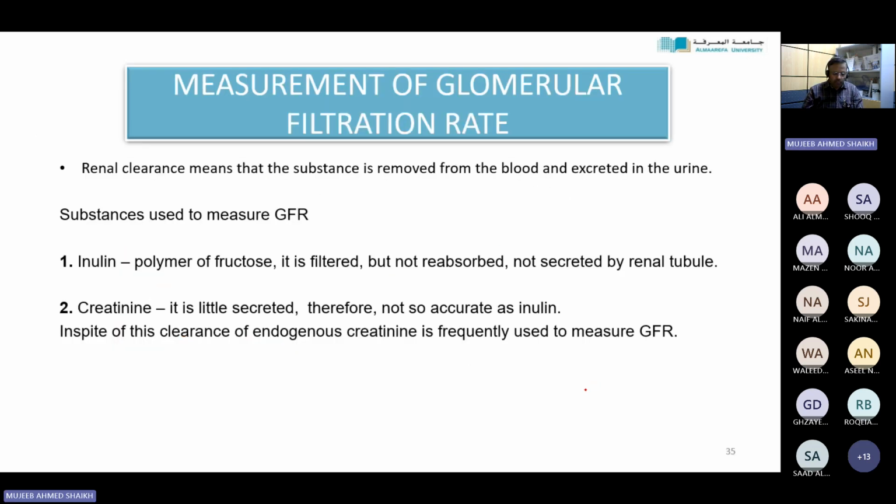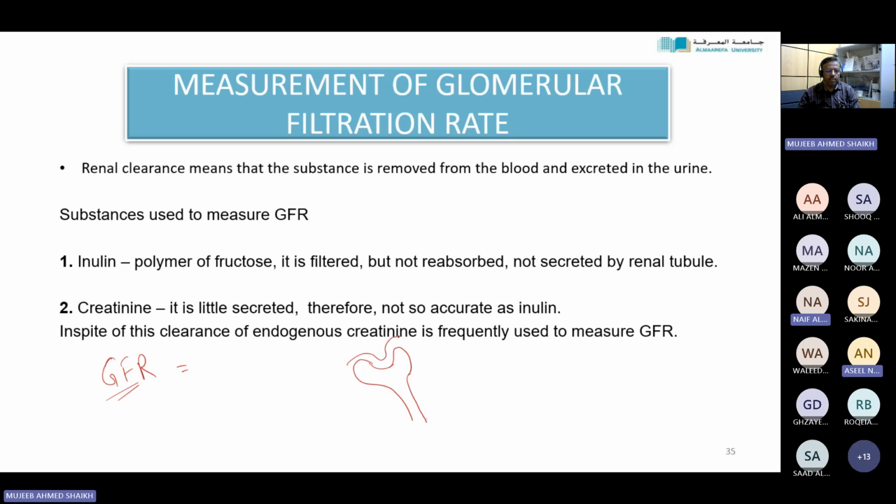Okay, how will you calculate the GFR? If I want to know my GFR, how will I calculate it? Maybe by the creatinine.